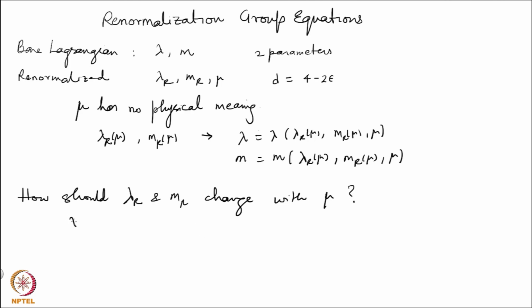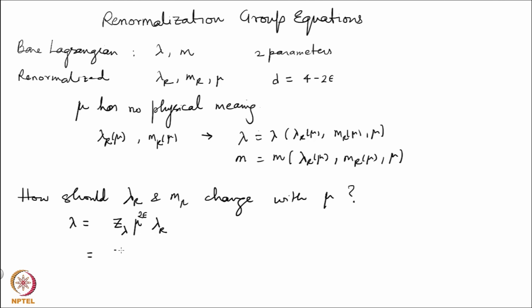Okay, so what is lambda? Lambda, the bare parameter, is Z lambda. That's the wave function, sorry, that's the renormalization constant that we had introduced. And then to make lambda r dimensionless, we had absorbed the dimension of lambda here. Okay, so we had introduced a parameter mu raised to the 2 epsilon.